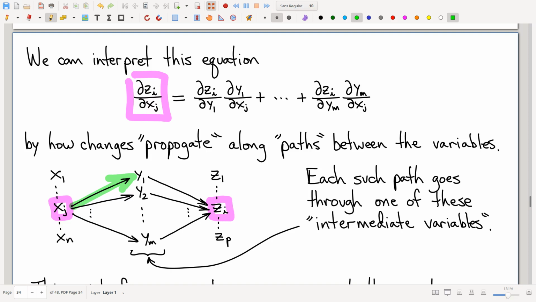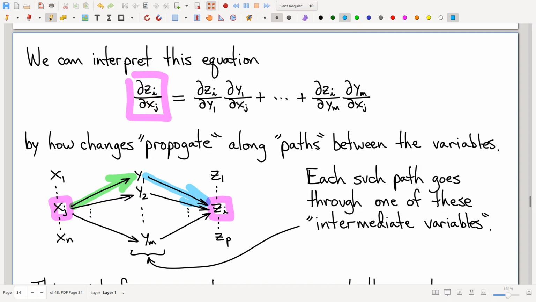You know, how much xj's change is going to get magnified to become y1's change. But here's the thing, when y1 changes, as caused by xj's change, that change in y1 itself will contribute a change to zi.